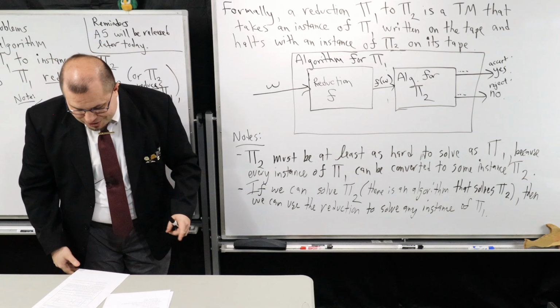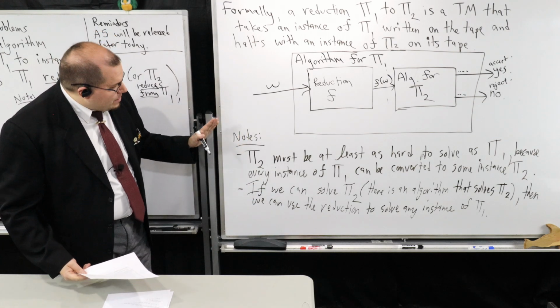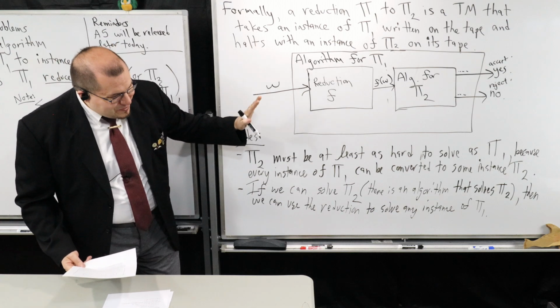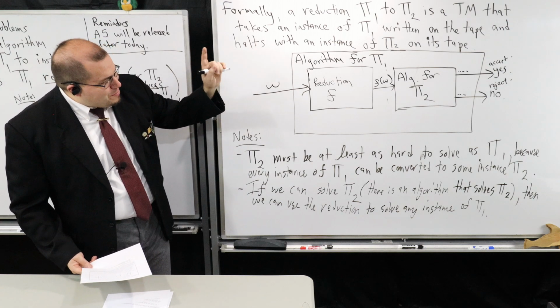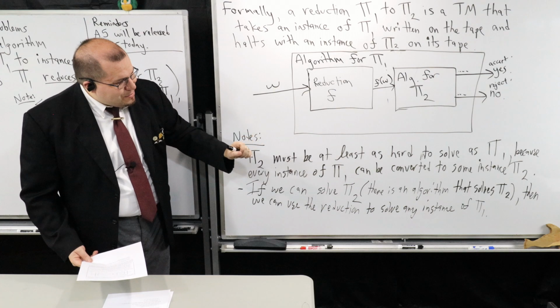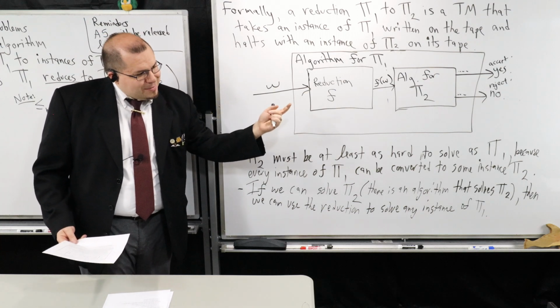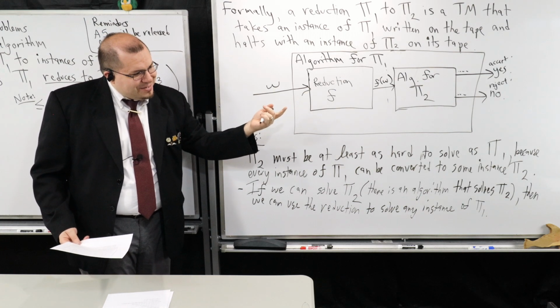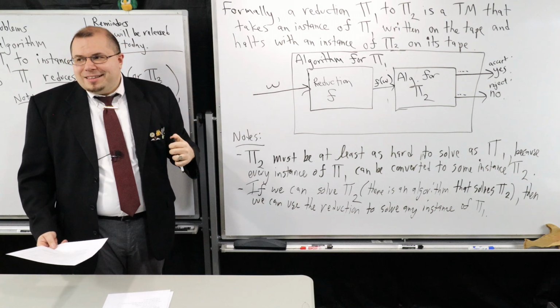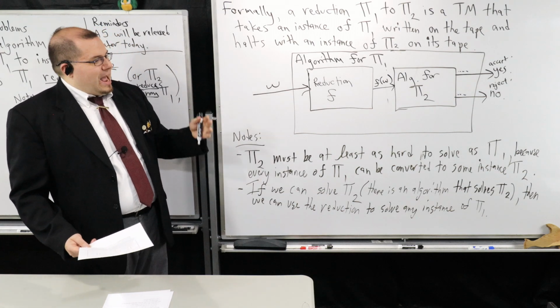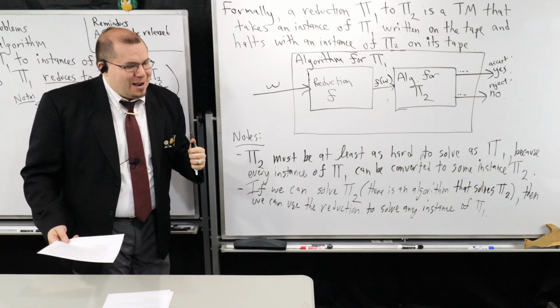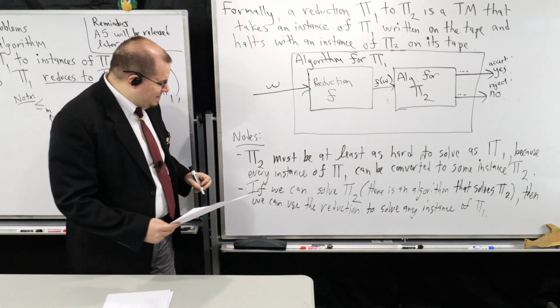So that's the big thing you should take from this picture, because I've literally given you a cookbook for how to, if I could solve pi 2, if I could give you some reduction that takes pi 1 and converts it to pi 2, and it gives me an answer, then most certainly I have a way to say, hey, look, there's an answer for pi 1 too. I just used the reduction.